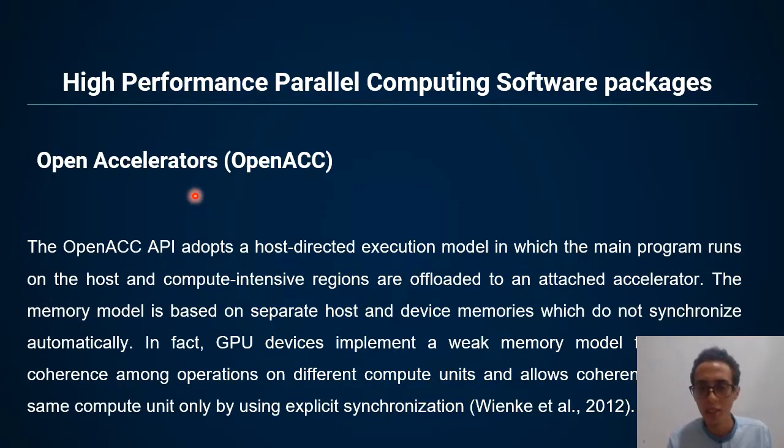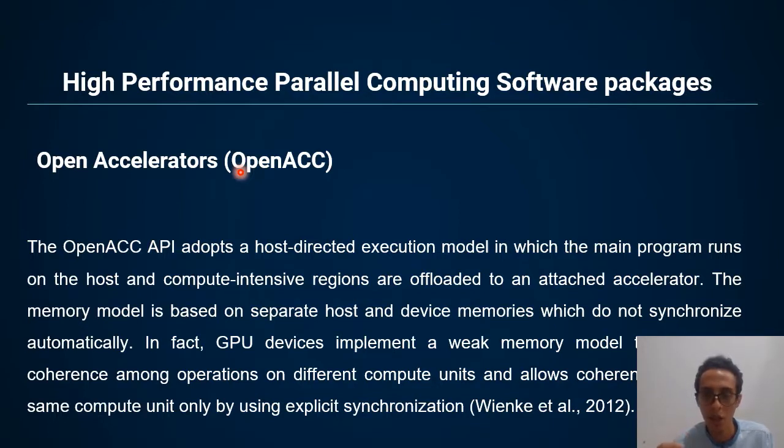So the OpenACC programming standard or API adopts a host-directed execution model in which the main program runs on the host, and the functions that require intensive computation and data parallelism are offloaded to an attached accelerator, or we can simply say the GPU. And the memory model is based on separate host and device memories which don't synchronize.